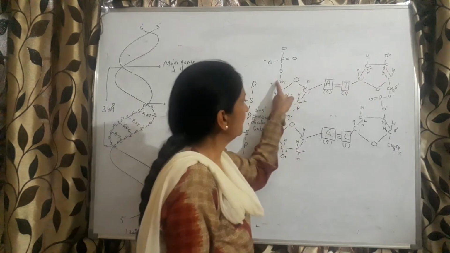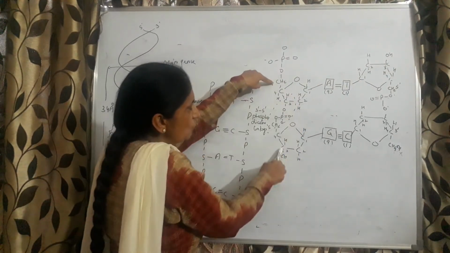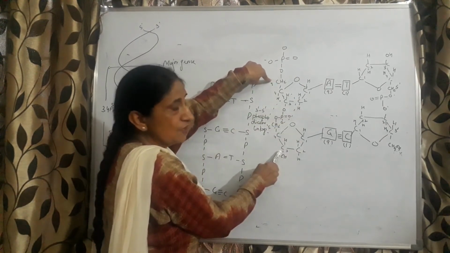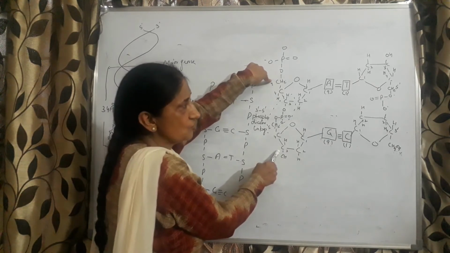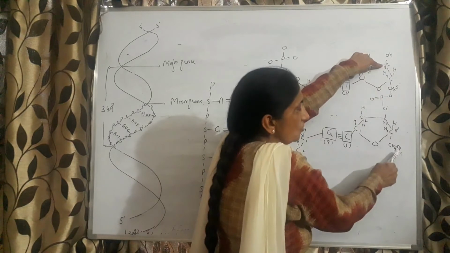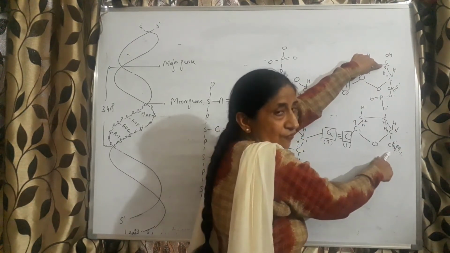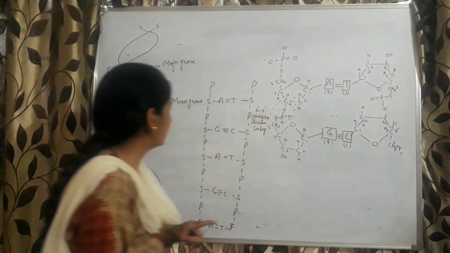That's why we say they run in anti-parallel direction. In this chain, this will be the 5' end and this will be the 3' end. And in this polynucleotide chain, this will be the 3' end and this will be the 5' end, because this is carbon atom 5. This is how these two chains run in anti-parallel direction.